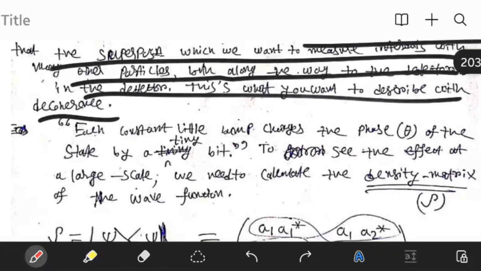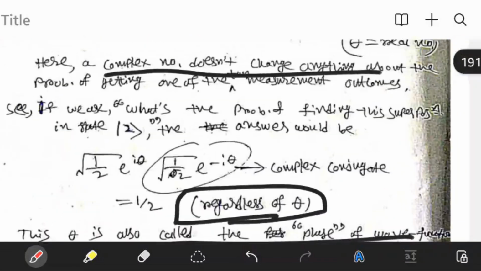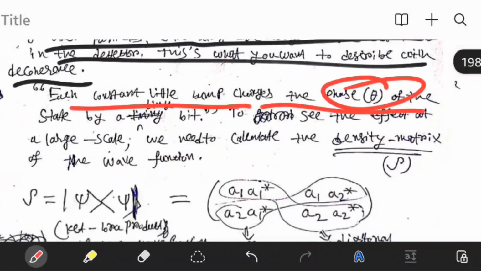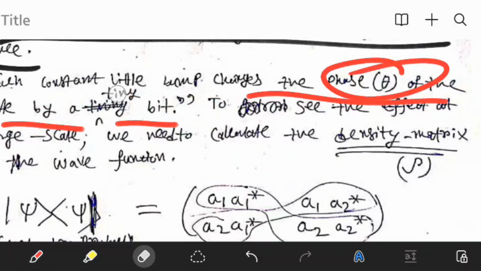And upon each bump, the phase, remember the phase, this angle, it will change by a tiny bit.